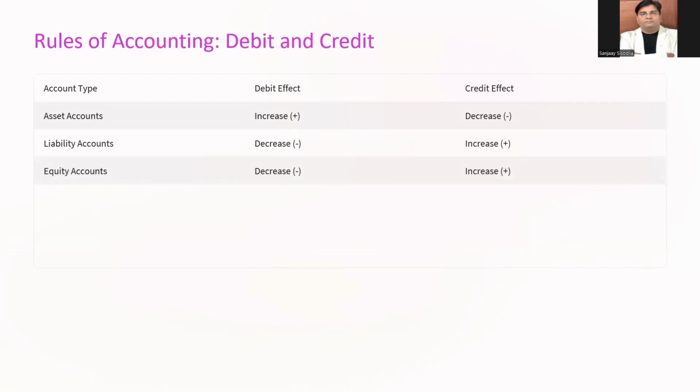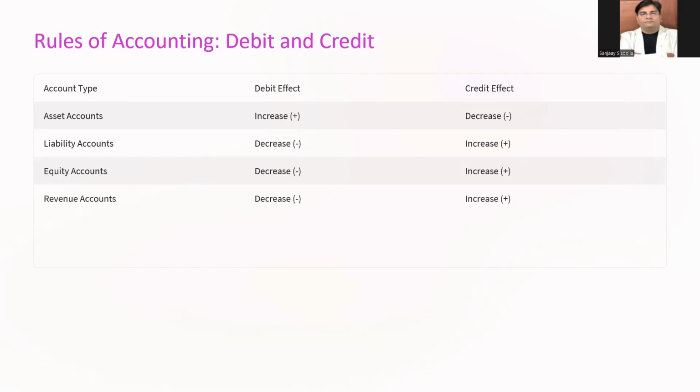The equity account or capital account is treated exactly the same way as the liability accounts. Whenever there is an inflow of capital, it is credited, and whenever the owner withdraws capital, it is debited.